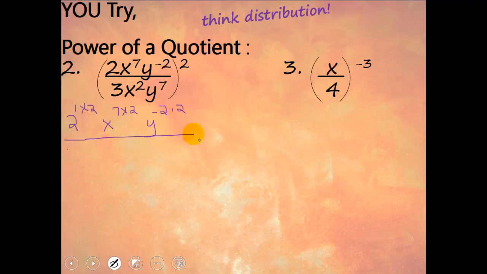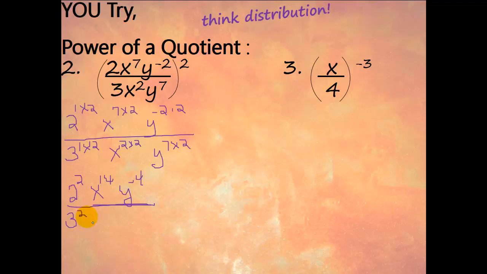Okay, and that's over 3 to the 1 times 2, x to the 2 times 2, and y to the 7 times 2. Okay, so that gives me 2 squared, x to the 14th, y to the -4th over 3 squared, x to the 4th, y to the 14th.